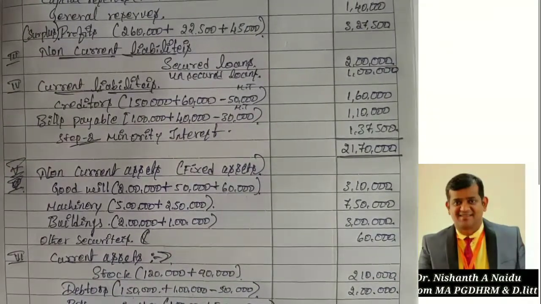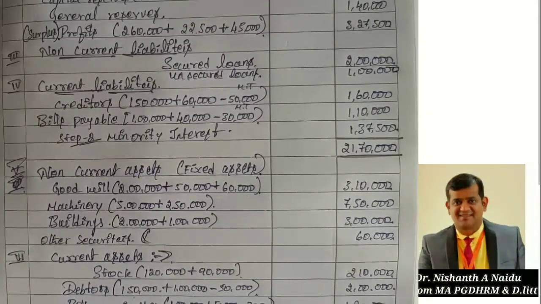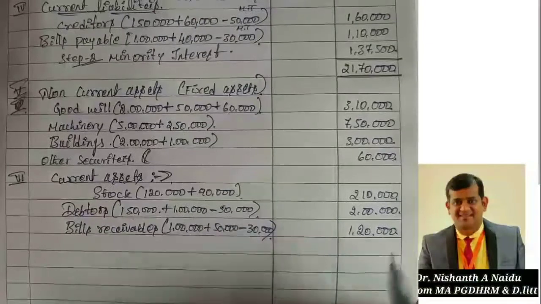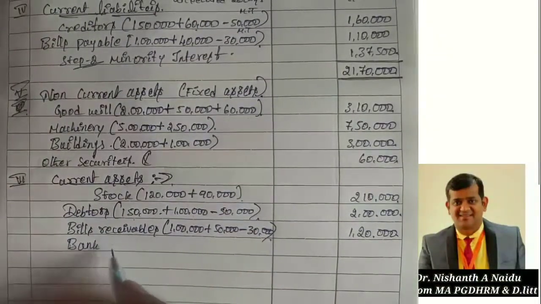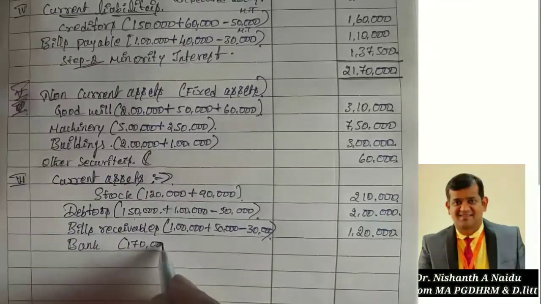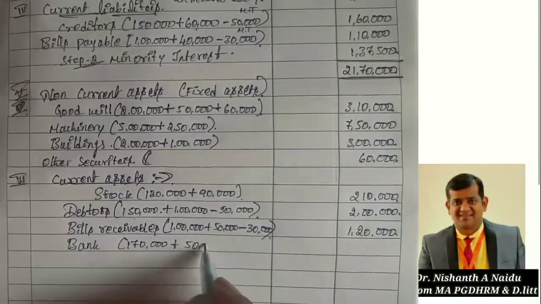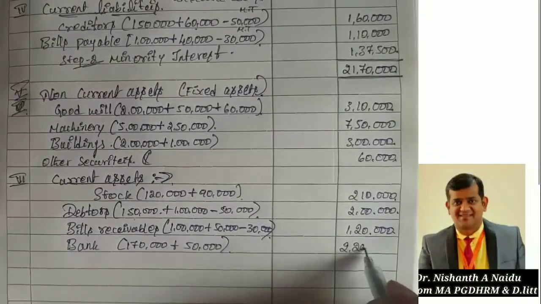So 1,50,000 minus 30,000, 1,20,000 rupees. Then we have bank balance: 1,70,000 plus 50,000, that is 2,20,000.